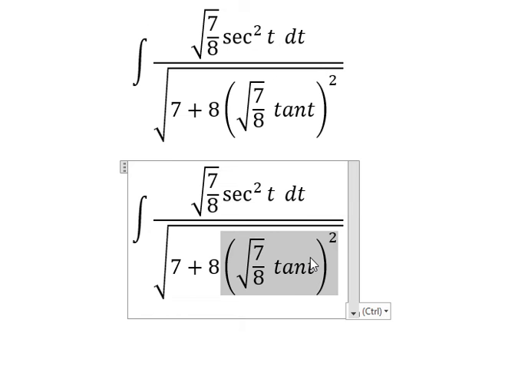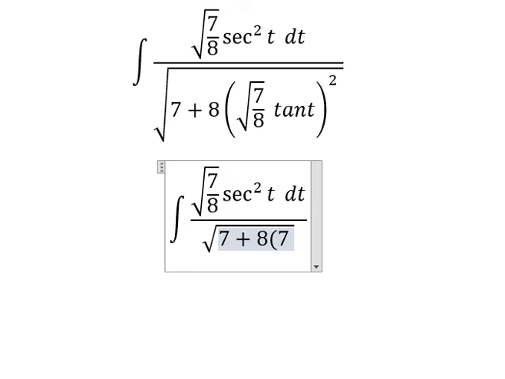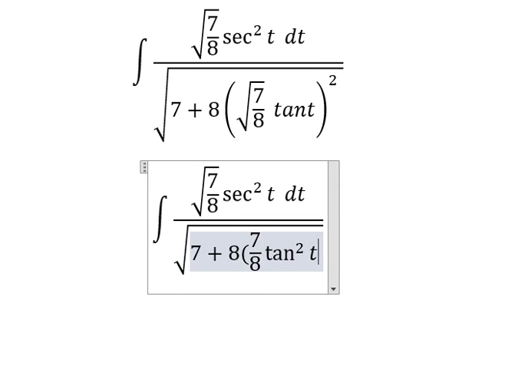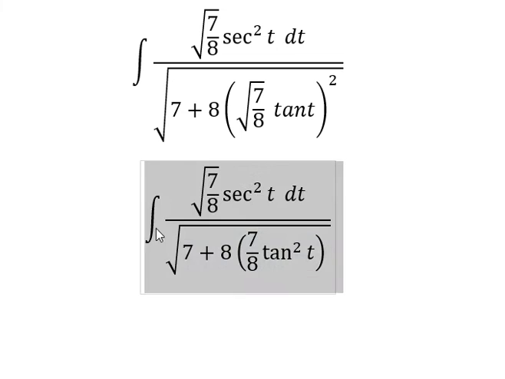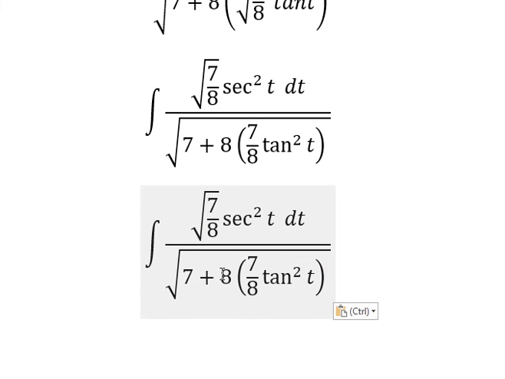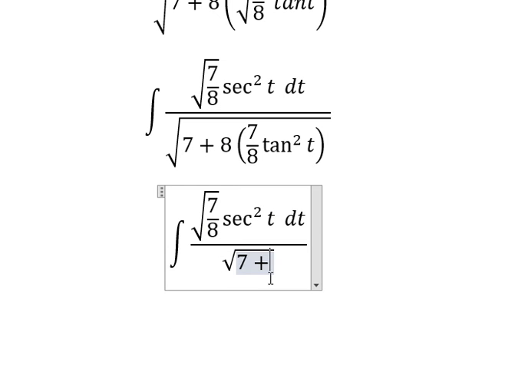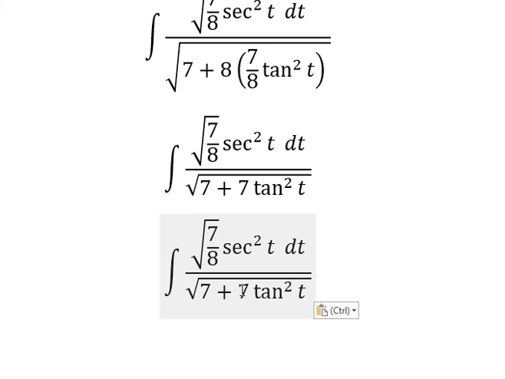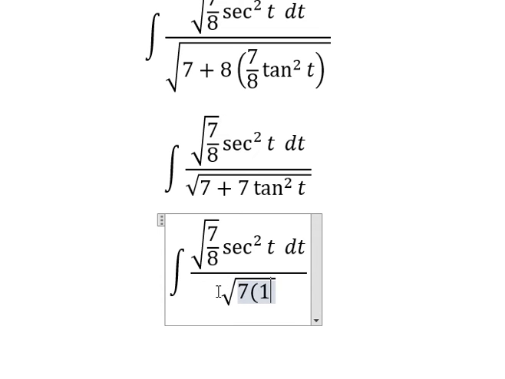This one we have 7/8 tan t squared. Number 8 we cancel, and you get 7 tan t squared. Number 7 we can do factorization.